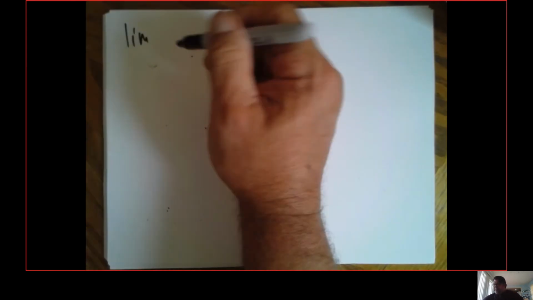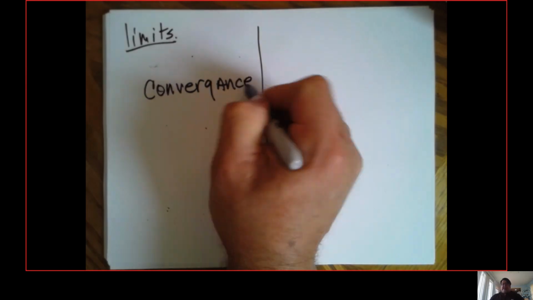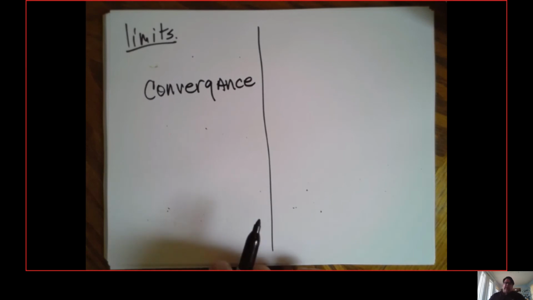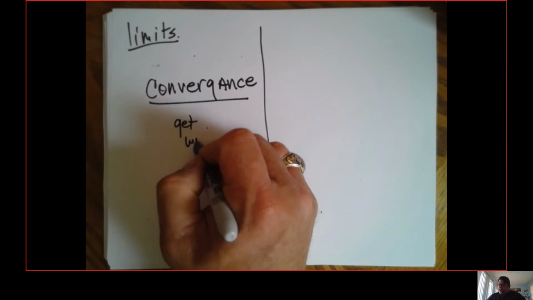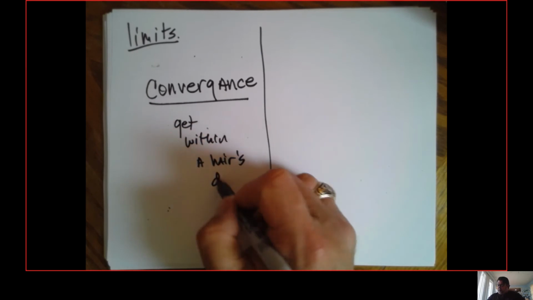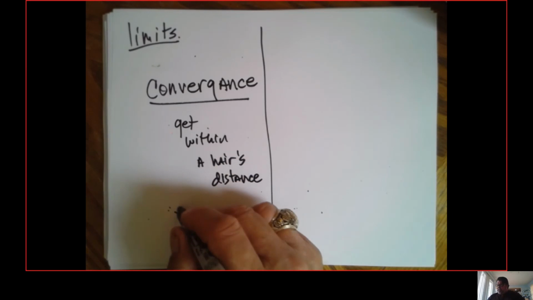Now, where is this heading? This is heading, now that you've gone through a chapter of limits, and you know what a limit is, and you know that limits are basically convergence. Basically, limits is convergence, meaning that you get within a hair distance, but you never touch, which basically means exclusive.